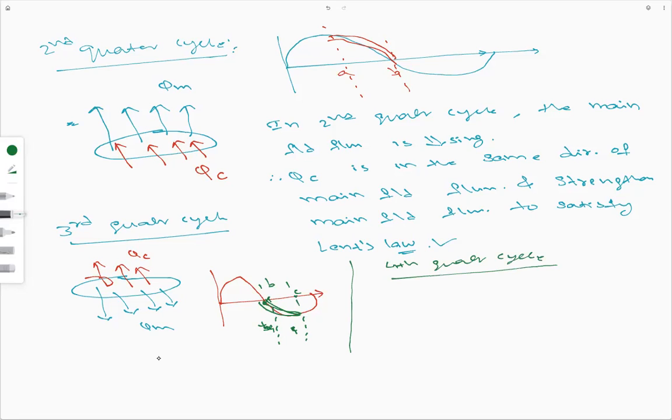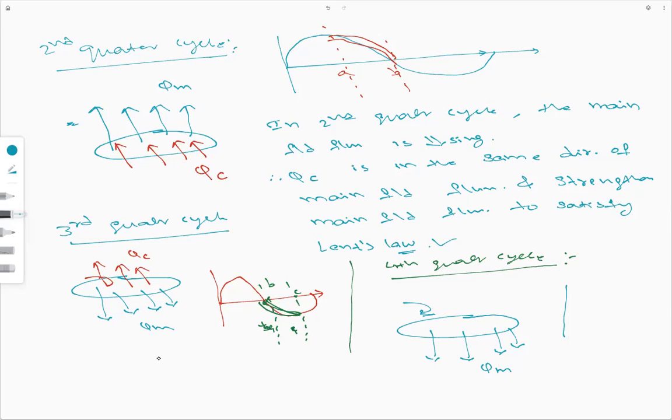This type of explanation you will nowhere find in books. So this is the main field flux.